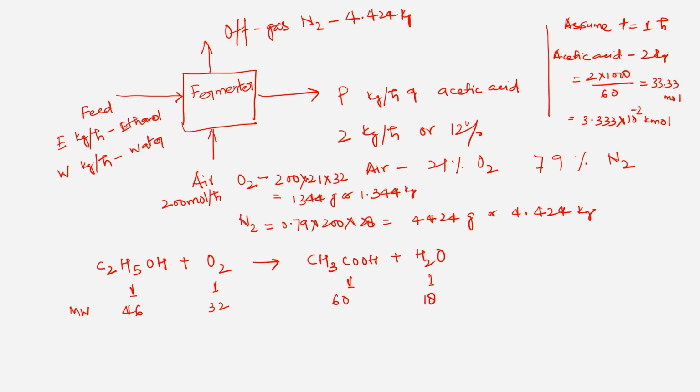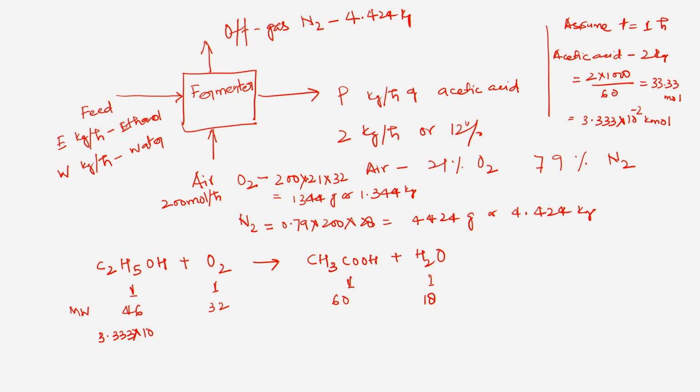kilomole. So, how much ethanol is consumed here? For 1 mole, this requires 1 mole. So, for 3.333 into 10 to the power minus 2 kilomole, this much ethanol has been consumed.